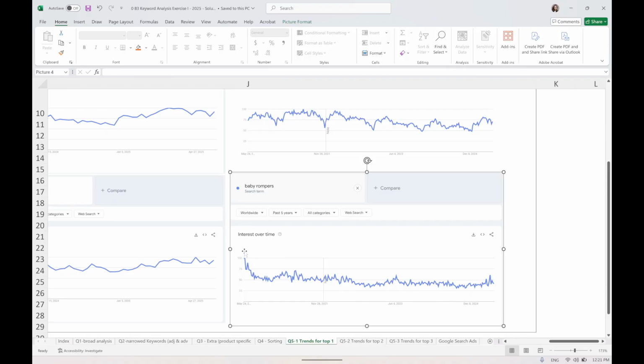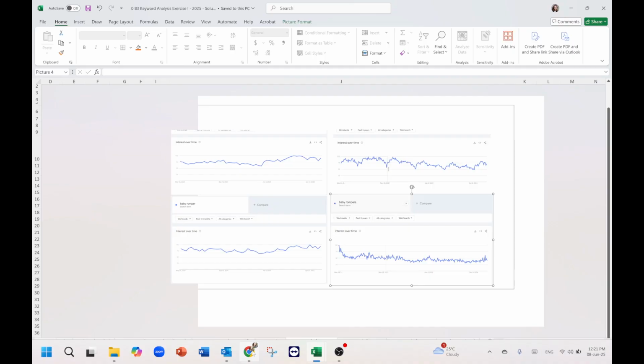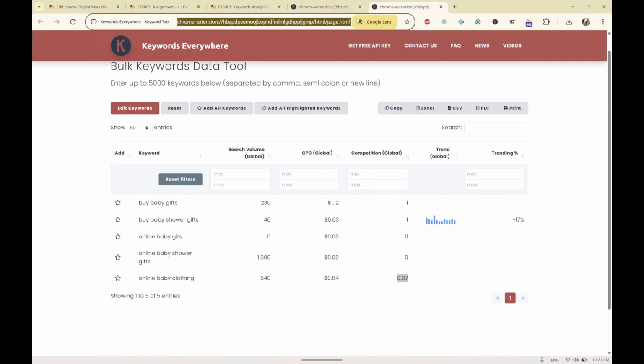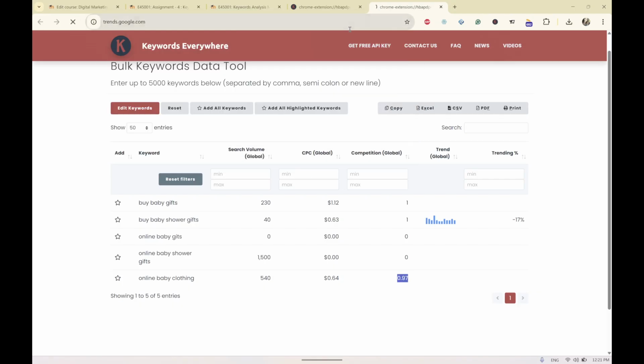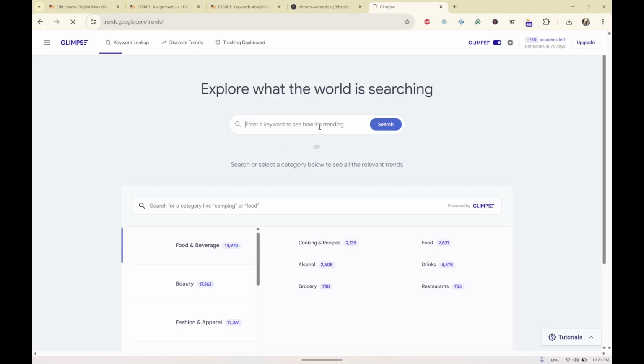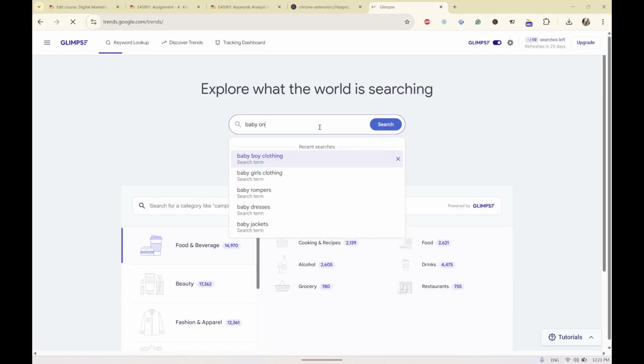That is quite interesting. Do you want to see with me what baby onesies will have? Let's put trends.google.com. This is where we get the future potential. So let's put here baby onesies. I wrote it wrong. There is onesies. Okay.